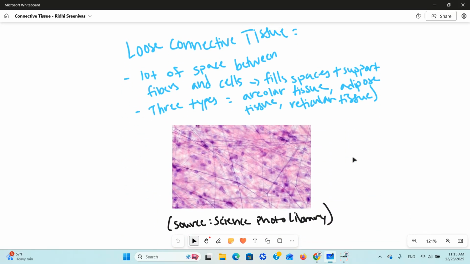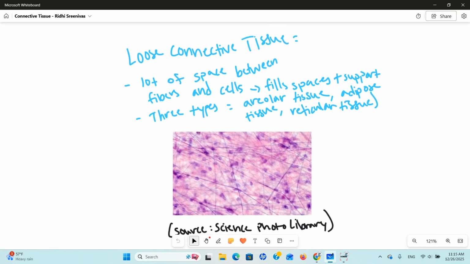So let's first look at loose connective tissue. It's referred to as loose because it has a lot of ground substance and a lot of space between fibers and cells. Loose connective tissue helps to fill those spaces and provide stability and support to the other structures around, like certain organs as well.